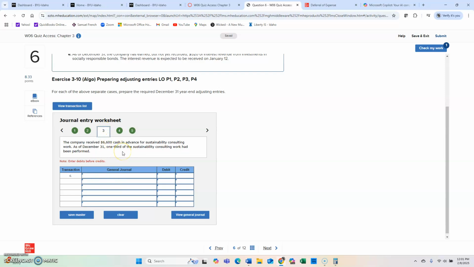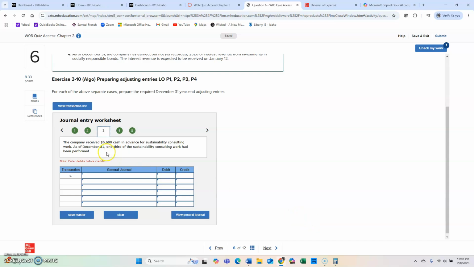Okay, number 3. The company received $6,600 cash in advance for sustainable consulting work. As of December 31st, 1/3 of the sustainability consulting work had been performed. So we take our calculator.